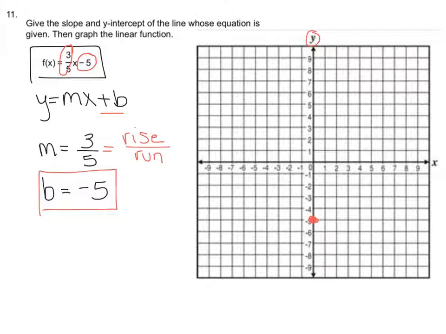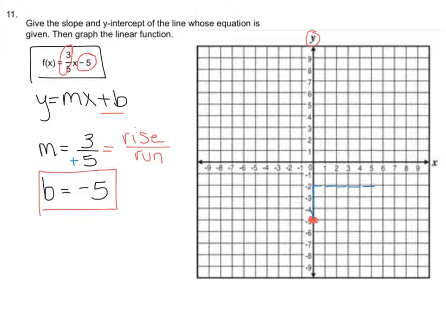This tells me that I'm going to go up 3. Since it's a positive 3, I go up 3, 1, 2, 3, and then I'm going to go to the right 5 since it's a positive 5. 1, 2, 3, 4, 5.